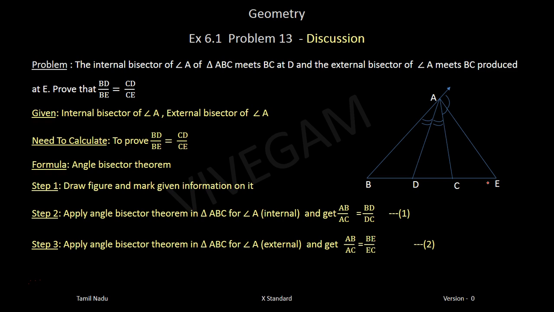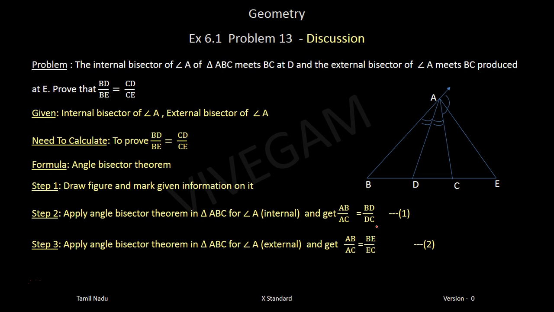See, had it been inside, if the point is inside, what would you do? AB by AC will be equal to BE by EC, right? The same principle has to be applied for the external case also. So AB by AC will be equal to BE divided by, instead of CE coming in this direction, we just go in the opposite direction, so divided by CE. That's all it is.